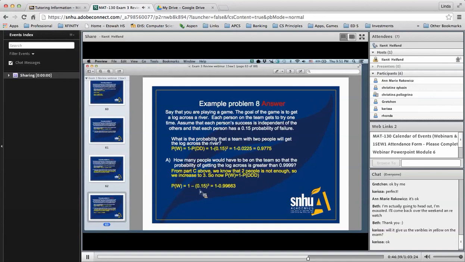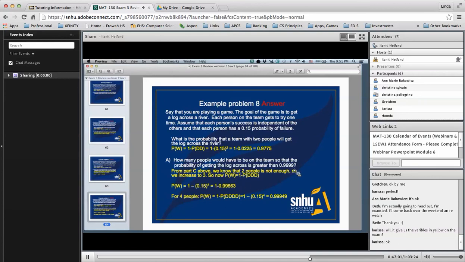So 1 minus 0.15 cubed. There's a typo here; this should just be 0.99663. This is what you get after you subtract from 1. I have to fix these. Okay, so 3 people isn't enough, right? That's not more than 0.9999.